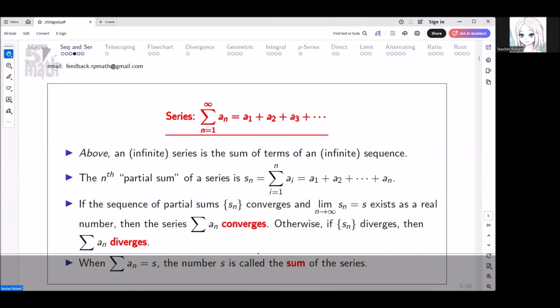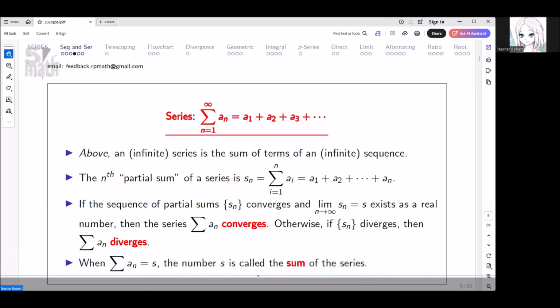If the sequence of partial sums Sn converges, and limit n to infinity Sn equals S exists as a real number, then the series an converges. Otherwise, if sequence Sn diverges, then series an diverges. When series an equals S, the number S is called the sum of the series.